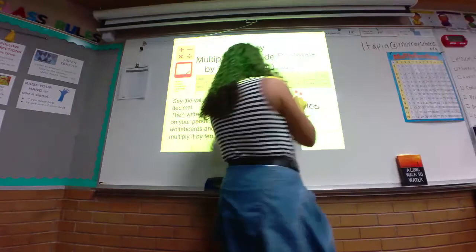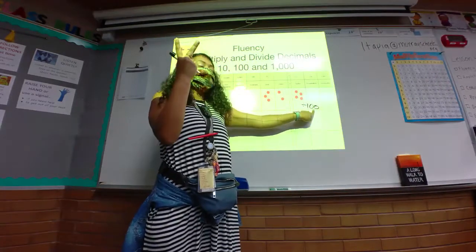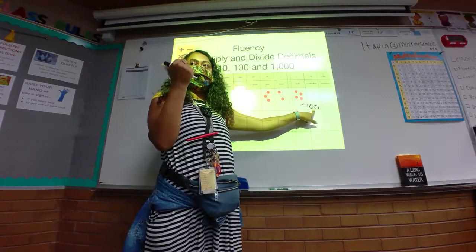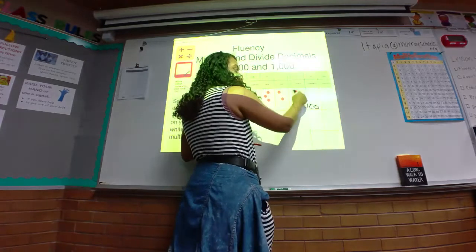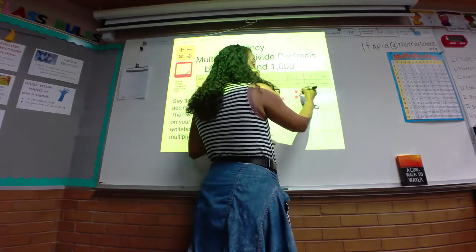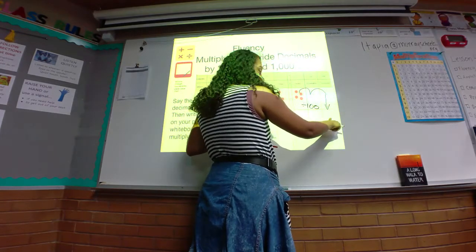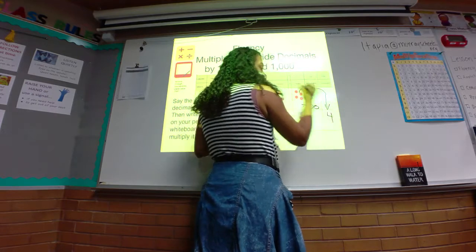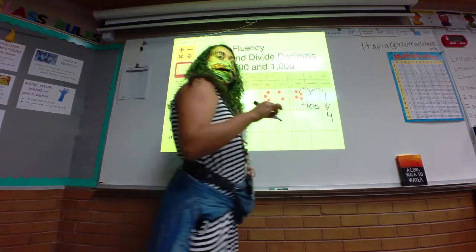So how many shifts? How many powers of 10? 2. So 2 shifts to the left or to the right? To the right. Okay, ready? So I'm going to start on the right side since I'm going to the right. Okay? 1, 2. Good, Thomas. Drop it down right here. 4 in the thousandths. Good, Emma.